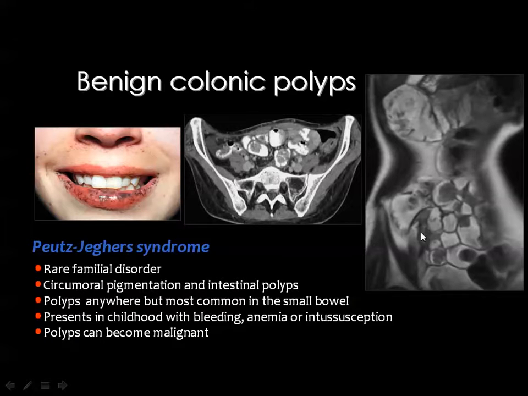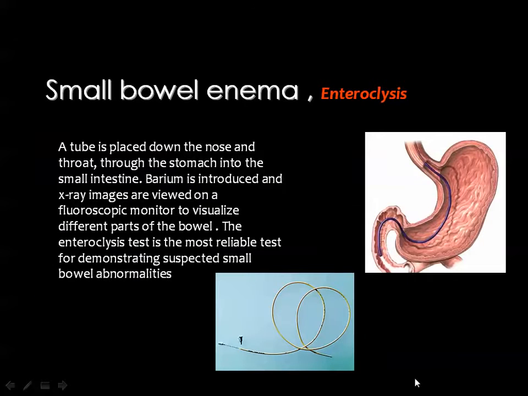And these filling defects represent polyps, which are benign in this particular case of Peutz-Jeghers syndrome, which is easily diagnosed clinically whenever you can see this very characteristic pigmentation around the mouth and also in the hand.